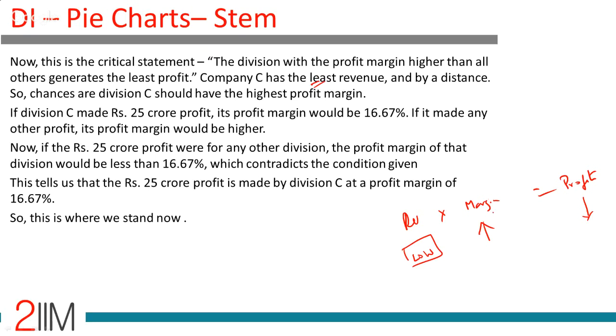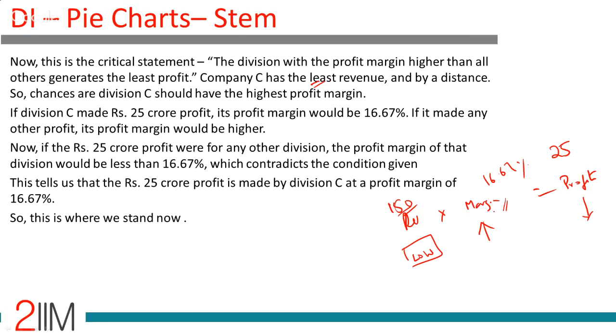If indeed company C were this company, then this 150 crore revenue should be generating a 25 crore profit. So the profit margin is 1/6, or 16.67%. If it made any other profit, its profit margin would be higher.